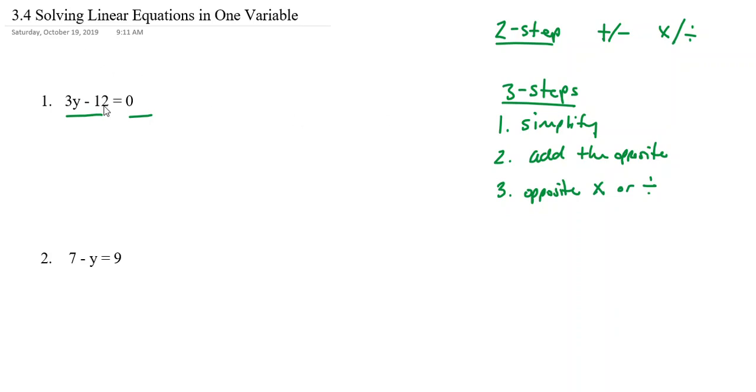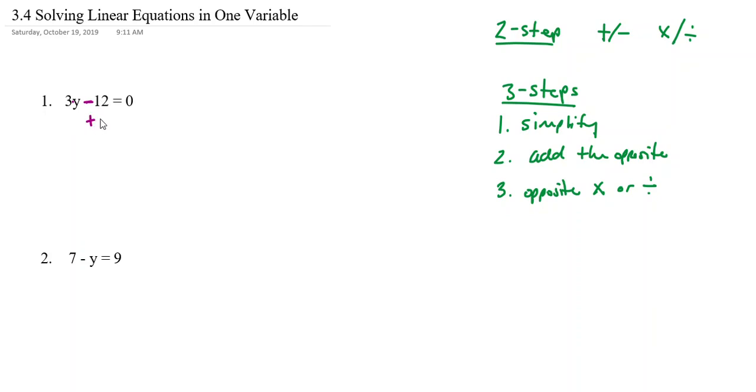Okay, so let's take a look at our first question here, and this one is a true two-step equation because we have the left side expression, 3y minus 12, which can't be simplified at all. The right-hand expression can't be simplified either, it's just 0. But there is something being subtracted from y, it's minus 12, so I'm going to add the opposite of that.